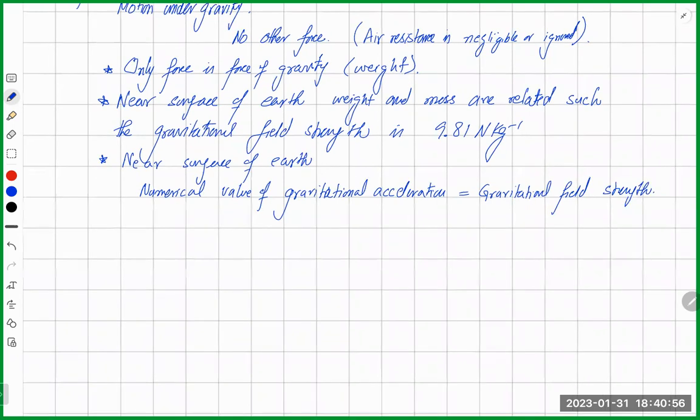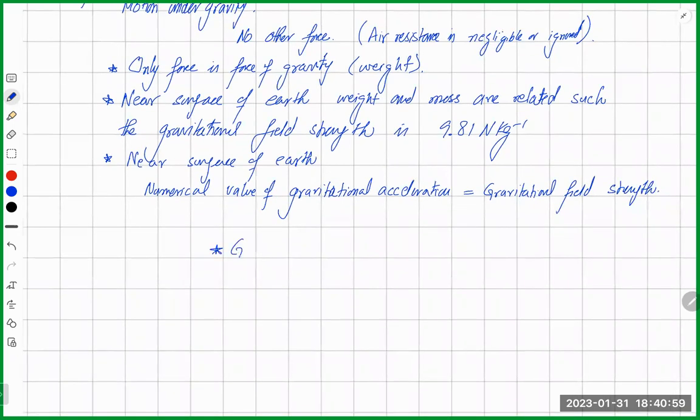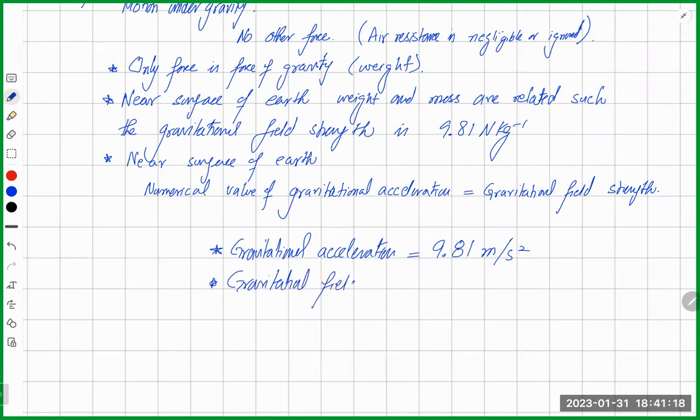What is gravitational acceleration? And what is gravitational field strength? So the numeric value is the same for gravitational acceleration and gravitational field strength. They both are 9.81 newtons for each kg.